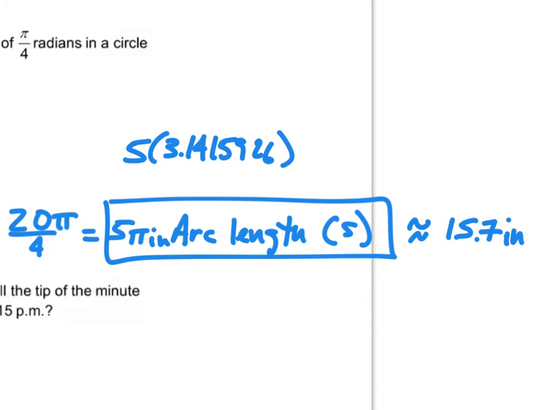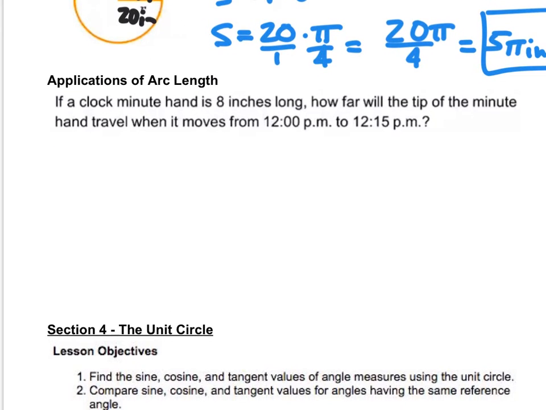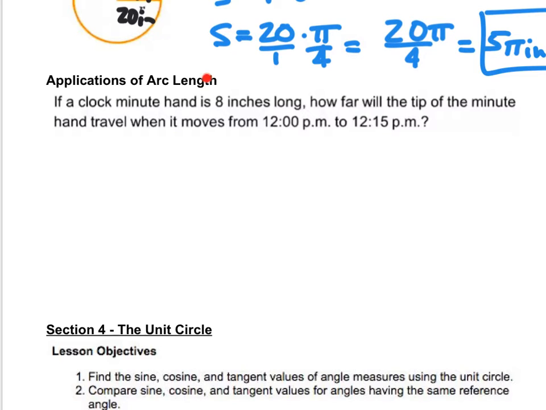So when you see 5 pi, you're taking that number and multiplying it by pi, but it's just easier to write it like this as 5 pi.